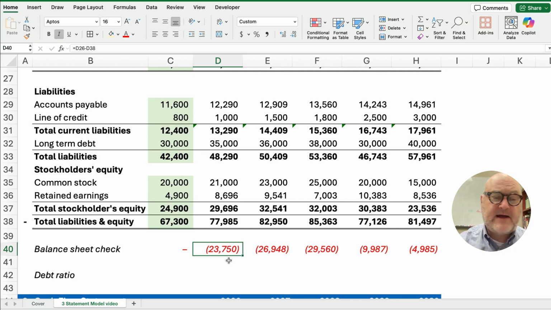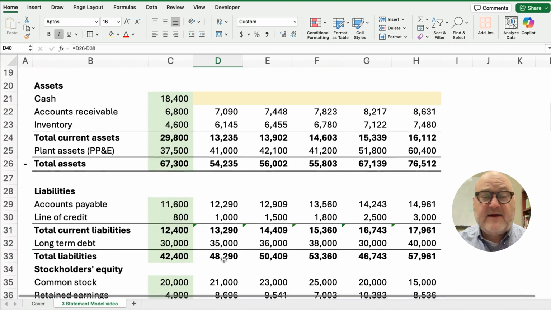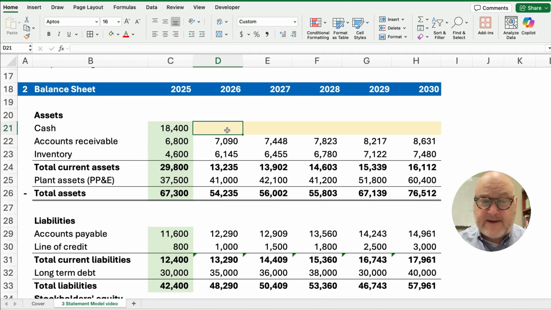We're out of balance by cash. This is going to be our cash number, correct? Now, I'm not going to plug that number in. I'm going to have a way to calculate our cash, but that's going to be our cash number. If we know everything on the puzzle except one thing, then we know that number, okay? So our cash is going to be $23,750, and it's going to go right there, okay?